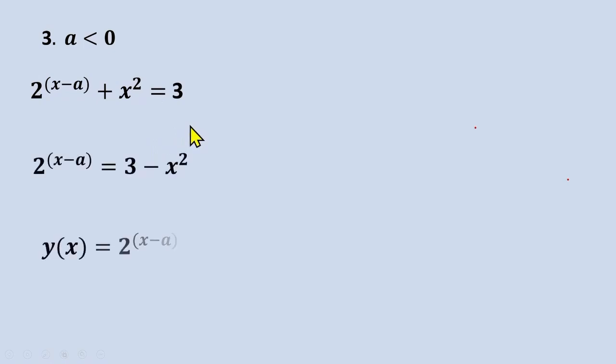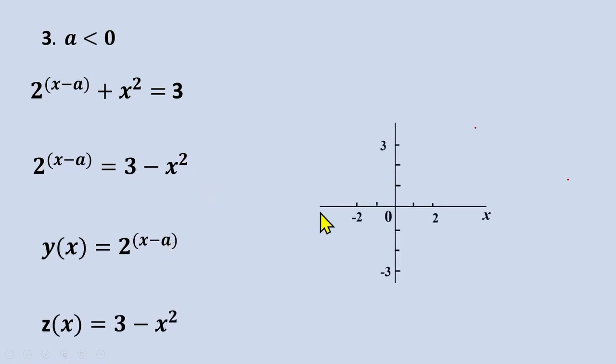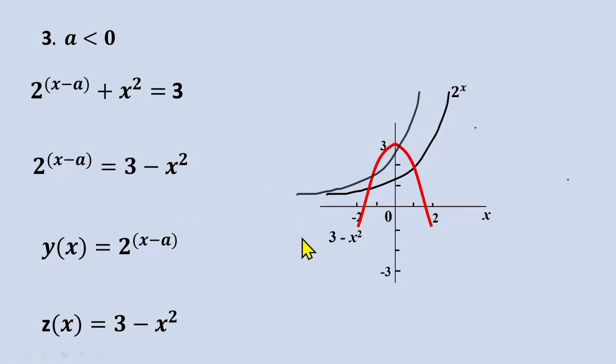The last case which we should consider is the case of negative a. We repeat the procedure which we used previously. Again, we have two functions, but now a is negative. We plot first the parabola, then we plot the function 2 to the power x, and we take into account that at negative a, the plot of this function we can get from this curve by displacing it to the left by the absolute value of a.